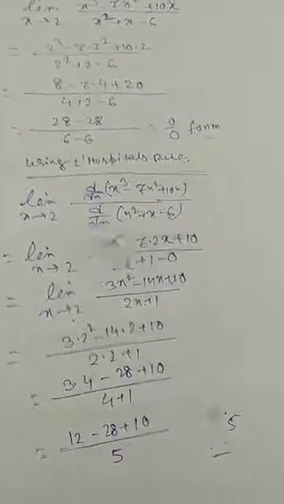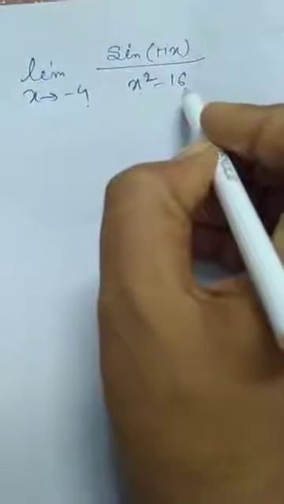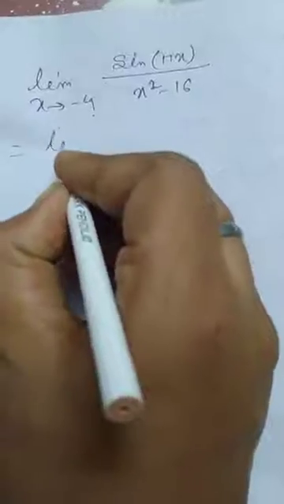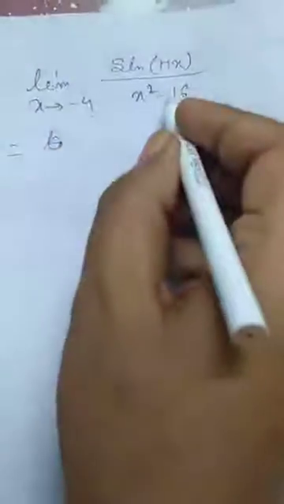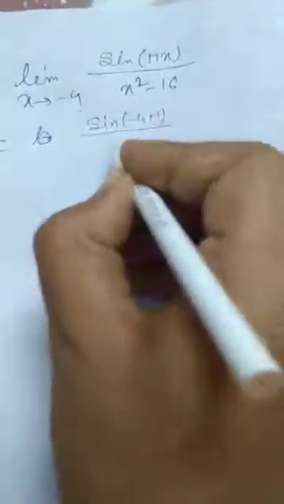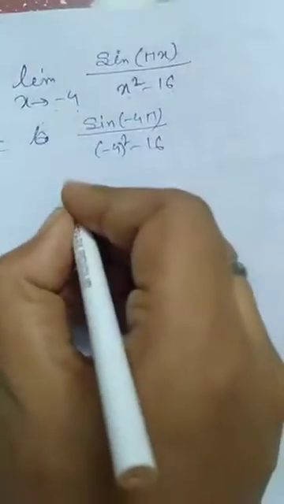Next problem is limit x tends to minus 4 sine pi x by x square minus 16. So if we put x is equal to minus 4, this is equal to sine minus 4 pi by minus 4 square minus 16.